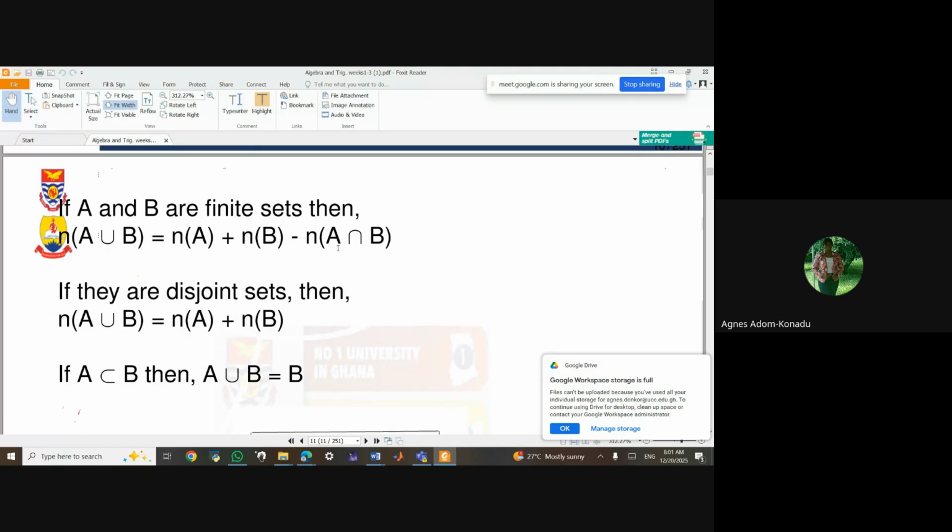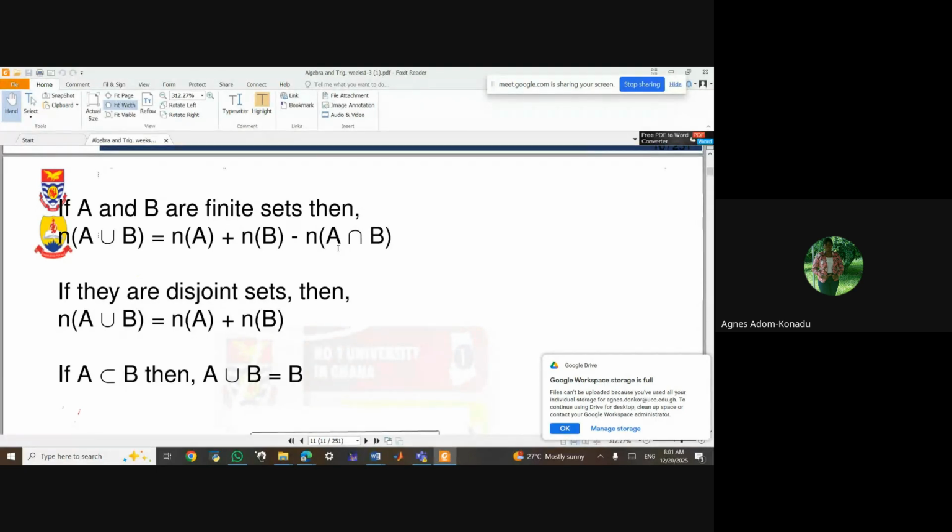Then if they are disjoint, the number of elements in their union is equal to the elements in A plus the elements in B. You can pick two sets, maybe one with numbers and the other with alphabets, and you see that the number of elements in their union will be the sum of the number of elements in the individual sets.